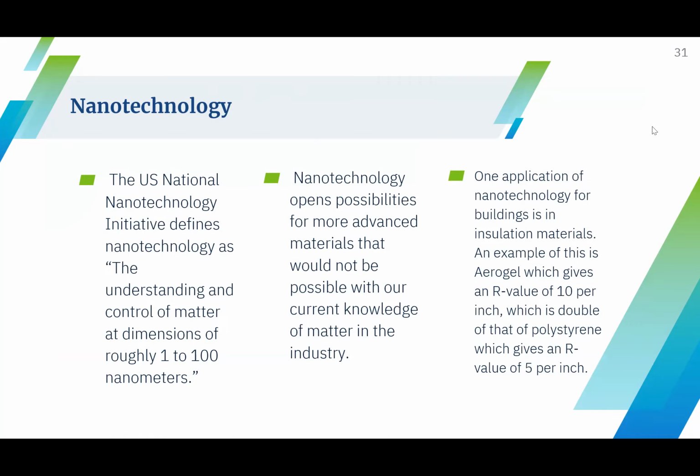Nanotechnology opens possibilities for more advanced materials that would not be possible with our current knowledge of matter in the industry. One application of nanotechnology for buildings is in insulation materials. An example of this is aerogel, which gives an R value of 10 per inch, which is double that of polystyrene, which gives an R value of 5 per inch.